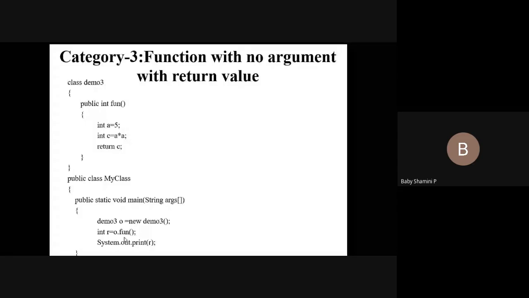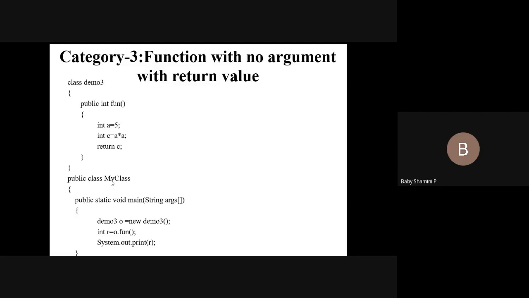So I'm going to calculate the square. After that, it must return a value c. Again, I'm going to store that output into the variable. For that, I'm going to declare int r equal to o.funnow. Or directly, we can declare System.out.println(o.funnow). That is also correct. So int r equal to o.funnow.